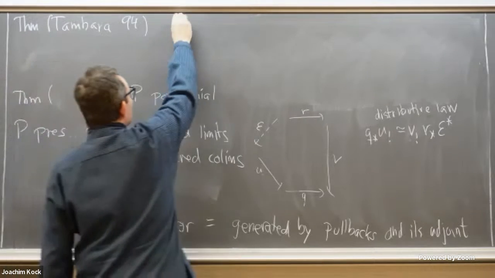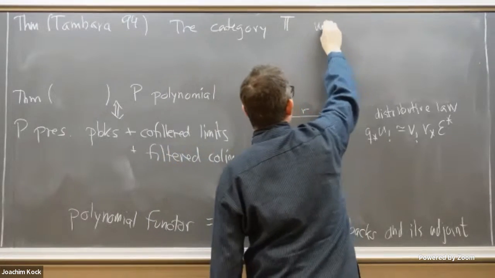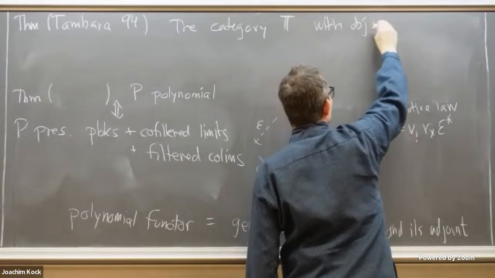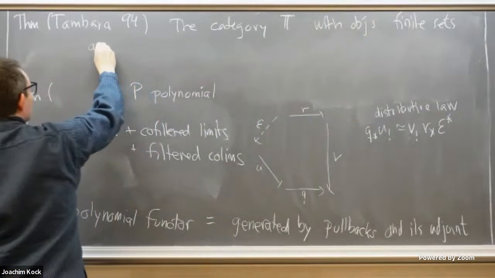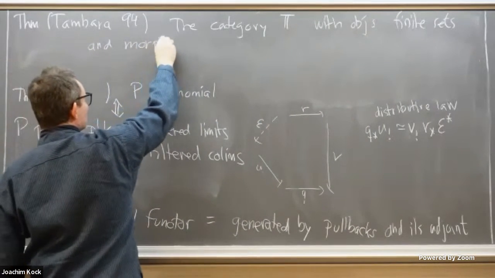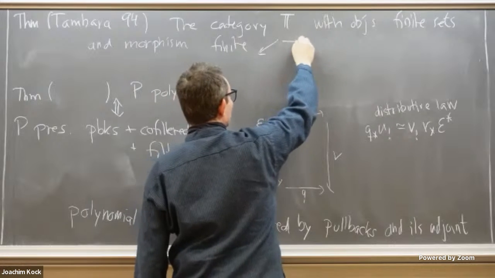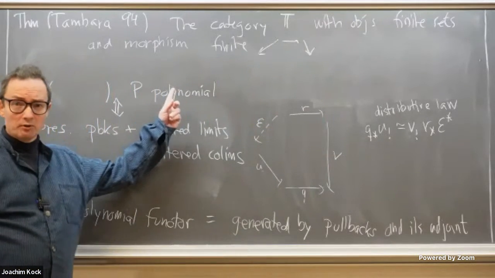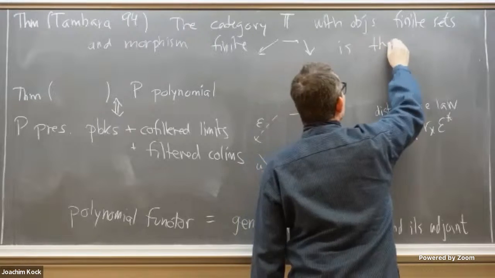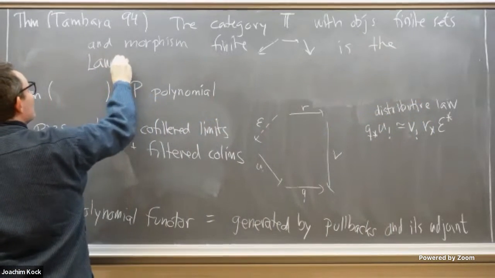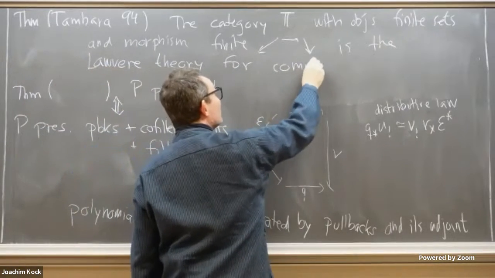It says that the category T with objects finite sets and morphisms finite diagrams like this, composed with the circ I just showed you, is the Lawvere theory for commutative semirings.